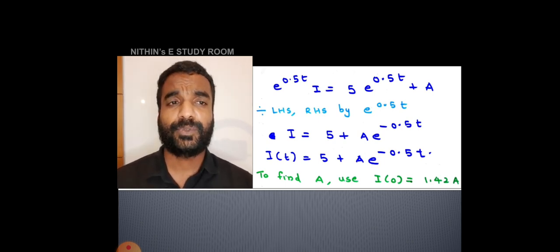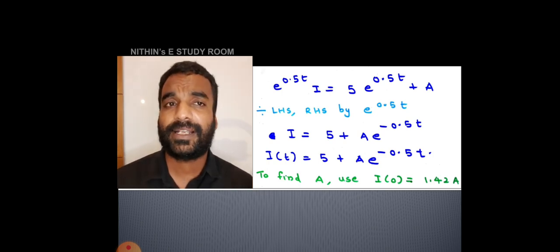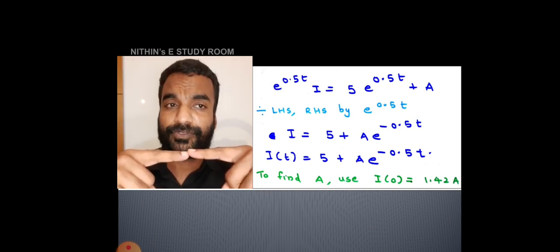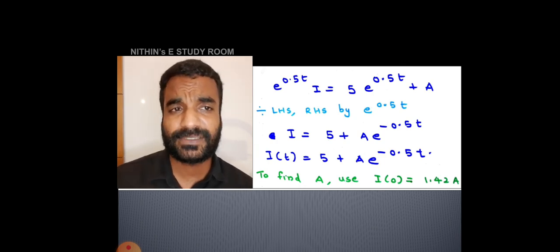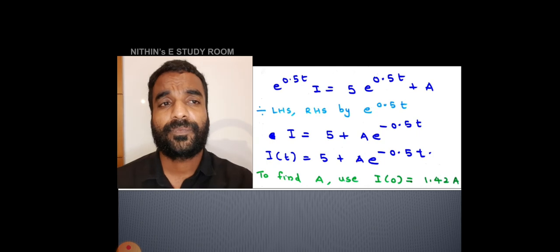To find a, use the knowledge about the initial condition. What was there in the initial condition? We already calculated I0 minus, before the closure of the switch, which is equal to I0 plus, that is 1.42 ampere. I0 is equal to 1.42 ampere, already obtained in the first step of this problem.